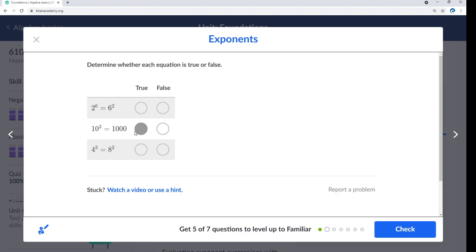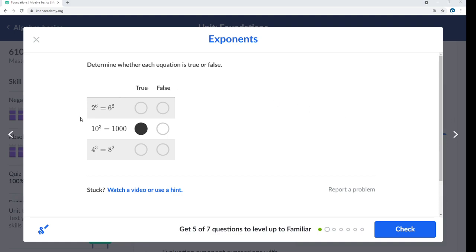I'm pretty sure this other one is true, because 10 to the third, you just need 10 times 10 is 100, right? Times 10 is 1,000. And then there's probably some trick that I'm just not aware of, that if I watch the video, I would know. But I'm too stubborn to watch the video.